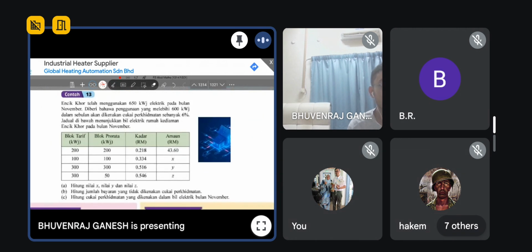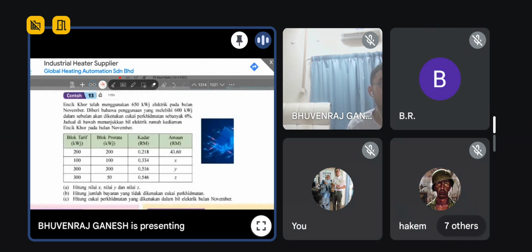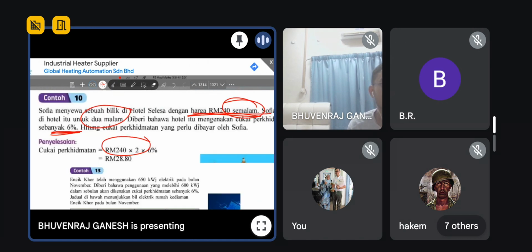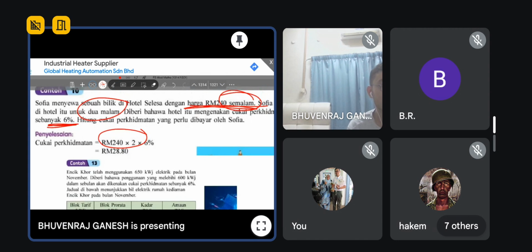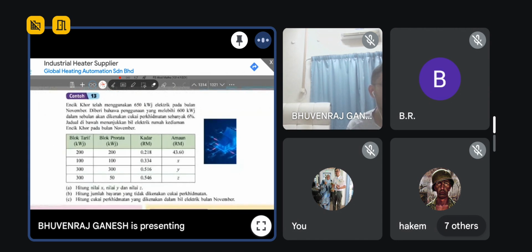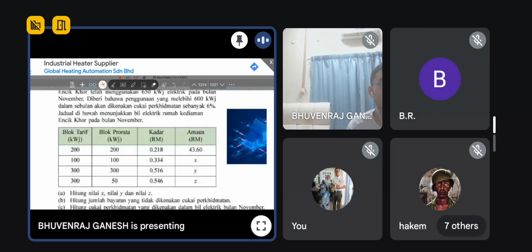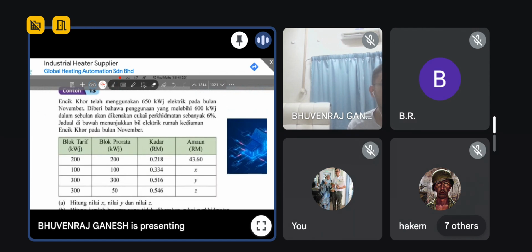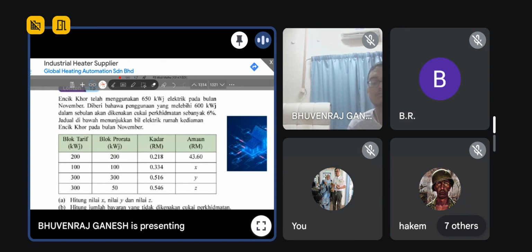Tak sangat susah. Okay, so we look at this example number 13. Then we will try out some other questions also. Now they ask you to count x, y, z. Cari nilai x, y, and z. So how are we going to find all these values? Can anyone tell? I don't think it's very hard. Try to observe and see. How do I count these values?